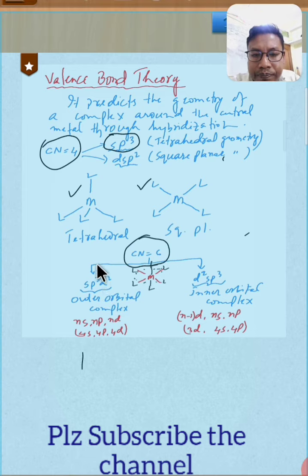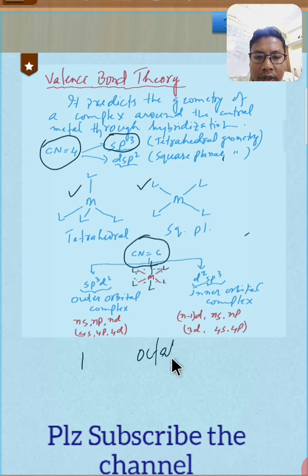Both of these hybridizations will have a geometry of octahedral. Octahedral geometry is here: square planar, and one above and one below the plane.